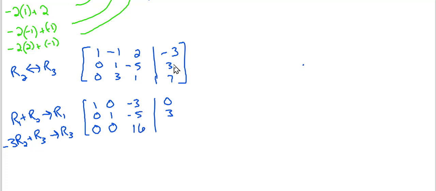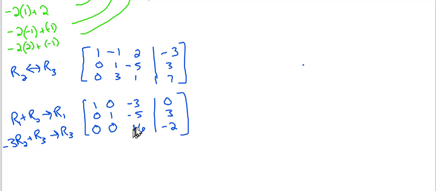Negative 3 times 3 is negative 9, plus 7 will be negative 2. We got our second column looking good. Move to the third column.